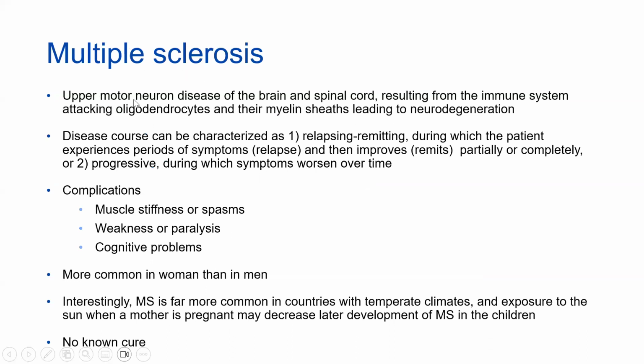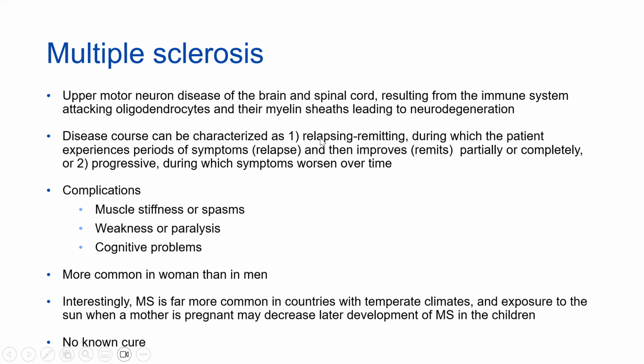Multiple sclerosis is an upper motor neuron disease of the brain and spinal cord. It results from the immune system attacking oligodendrocytes, which, if you recall, are the myelinating cells of the central nervous system, and their myelin sheaths, leading to neurodegeneration.